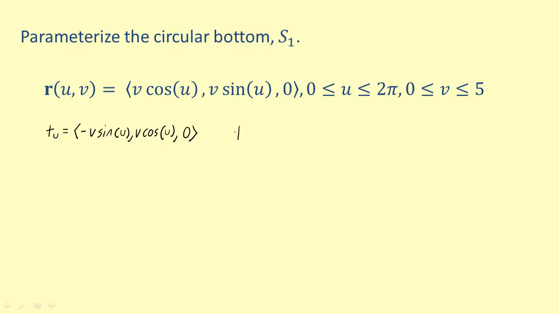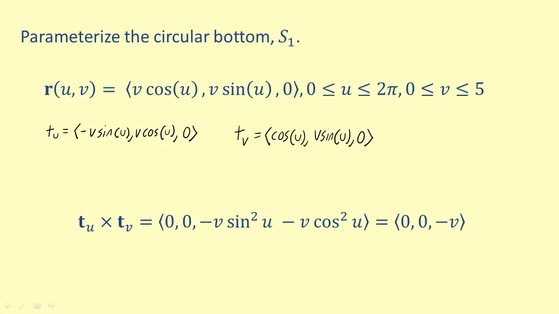We also have t sub v equals <cosine u, sine u, 0>. Finally, t sub u cross t sub v equals <0, 0, negative v sine squared u minus v cosine squared u>. Simplified, this is <0, 0, negative v>. This makes sense because the normal vector should be pointing straight down.